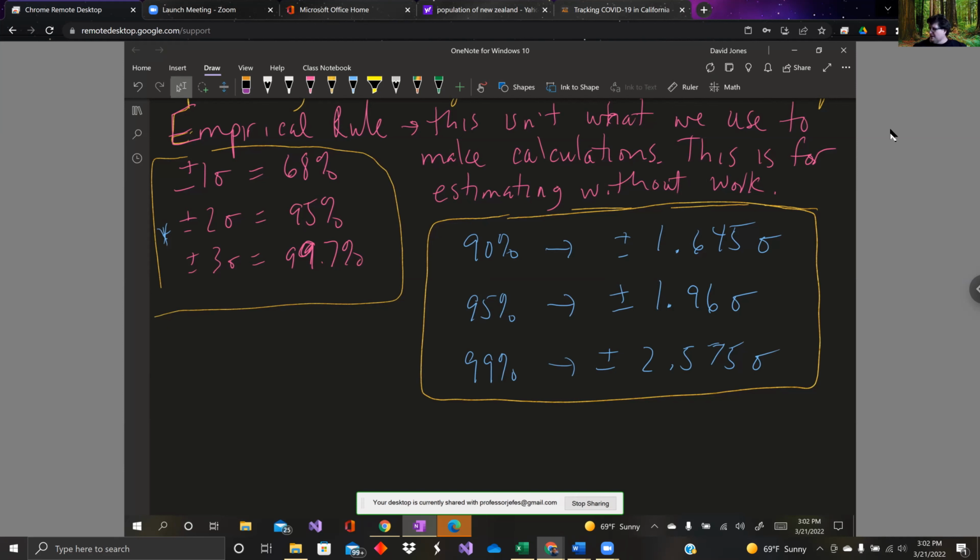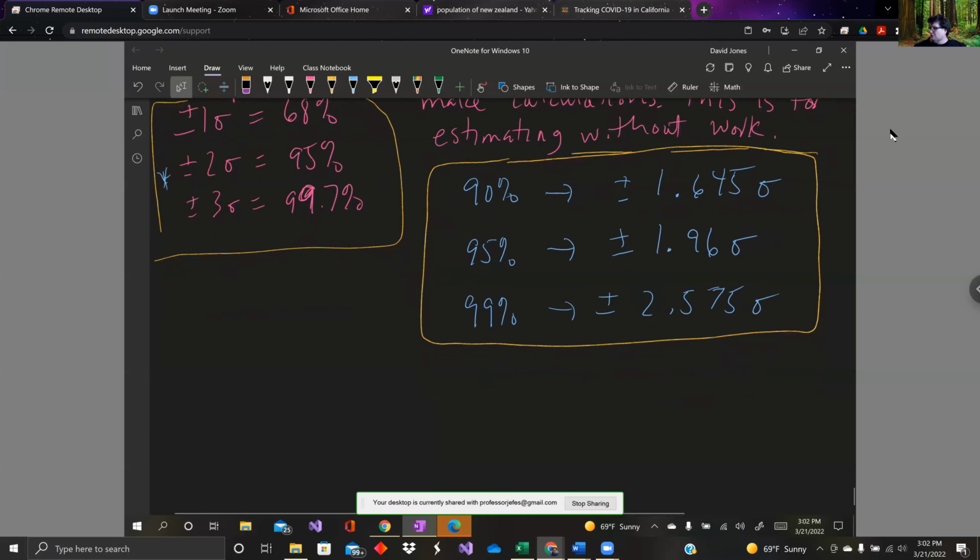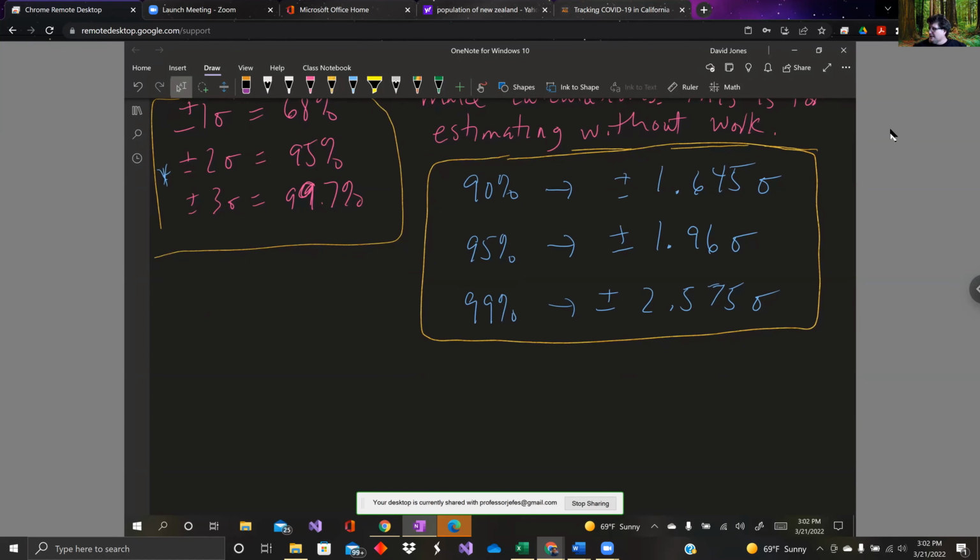So how did they do that? How did they come up with the ranges for what we have? Can I come up with a confidence interval? Let's come up with a confidence interval for our Snapchat example.